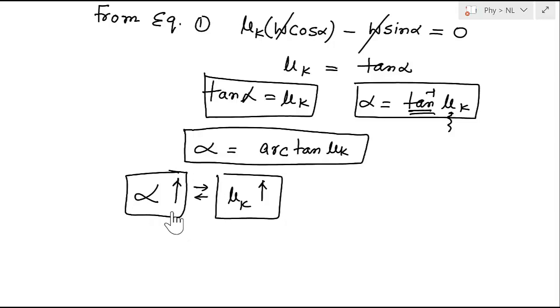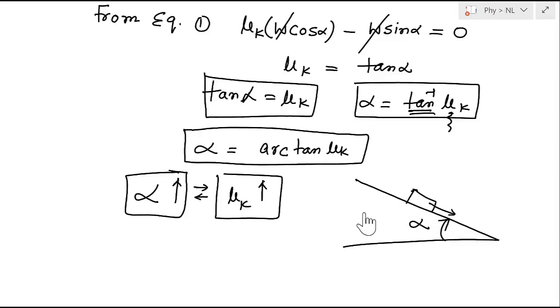This makes sense because if you consider this inclined plane and you increase the angle alpha, then if you want to move this toboggan with constant velocity, you have to increase your mu k. Otherwise, it will accelerate. If the mu k value is not that large, it will start accelerating.